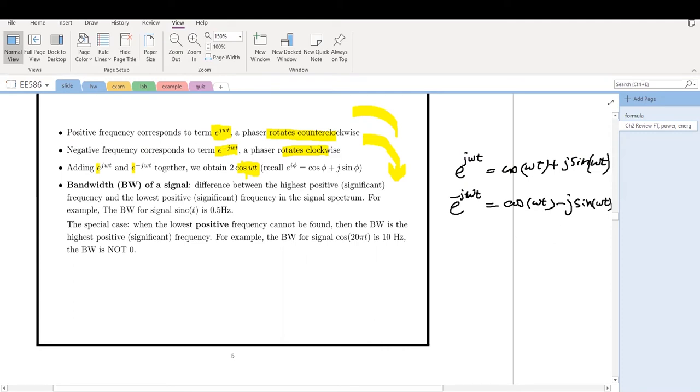Right? And then if we sum them up, we will have 2 cosine omega t equals e to the power j omega t plus e to the power minus j omega t. So if we have positive frequency and negative frequency and sum them up, we're going to have real signals, and this is the signals in real systems. But in theory, we need to have the negative frequency.